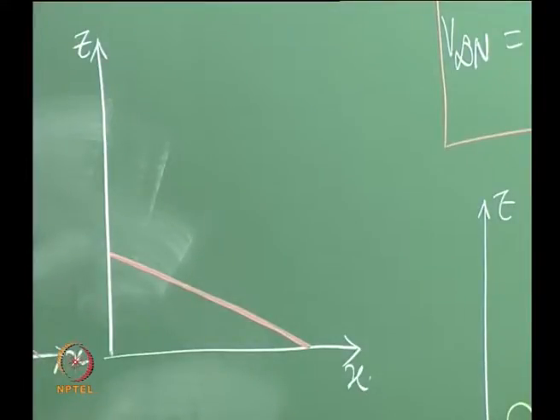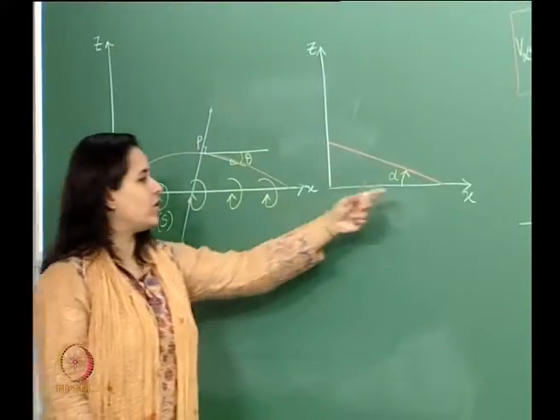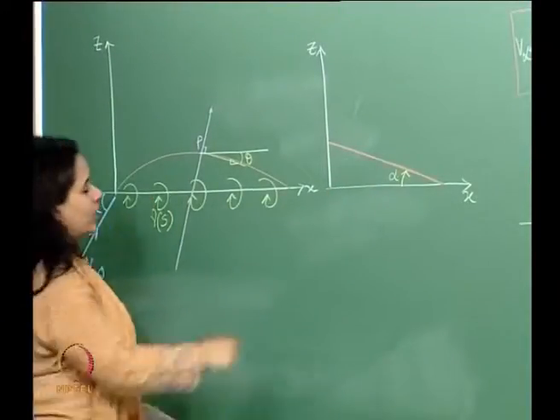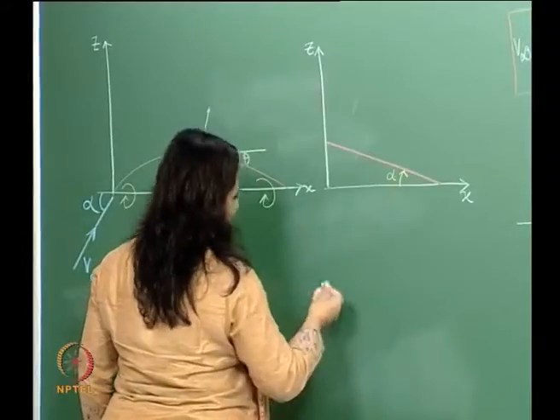This is a flat plate which is making an angle alpha. It is the same thing. You could keep that horizontal along this and give it an axis.